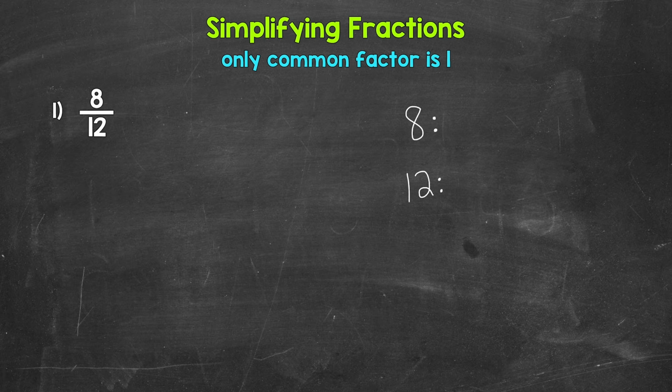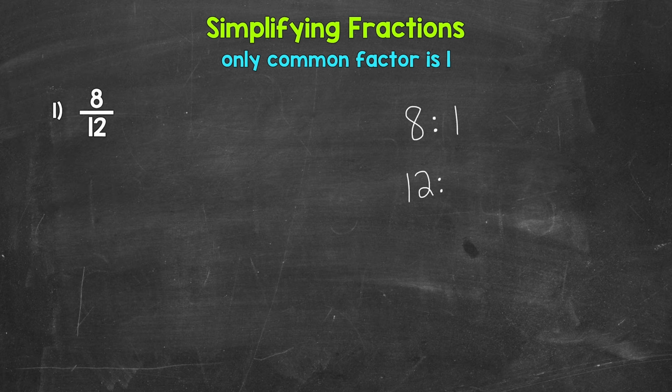Let's start with the factors of 8. And for factors, we need to think about all of the numbers that we can multiply together to equal 8, or think all of the numbers we can divide 8 by without getting a remainder. We can also think of this as all of the numbers that go into 8, so to speak.